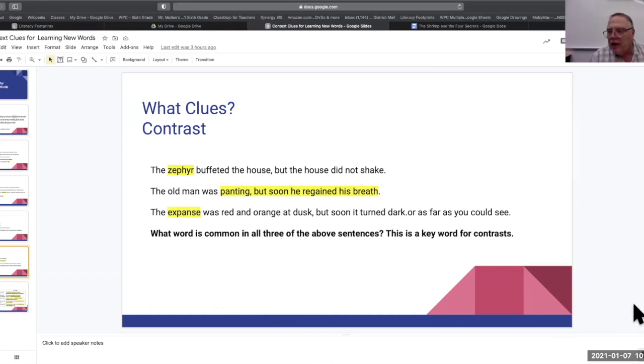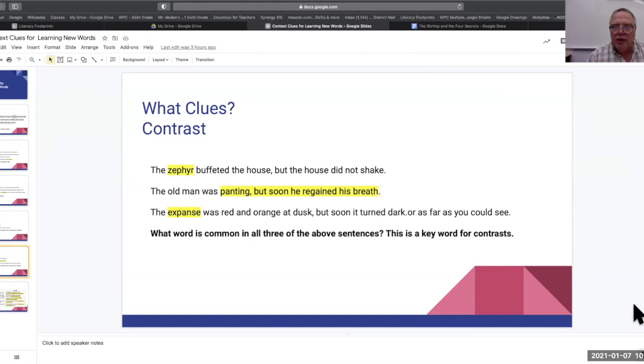You bet, Jaslyn, that's exactly right. Alyssa, I like what you're thinking, because expanse does mean, in one sense, length, but in this context, it's more specific.